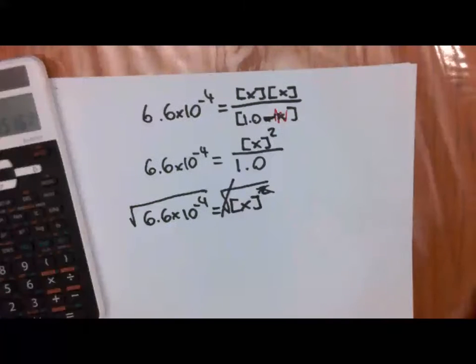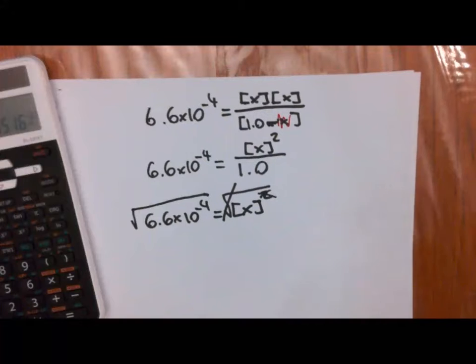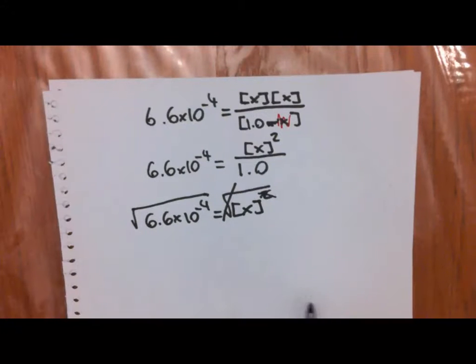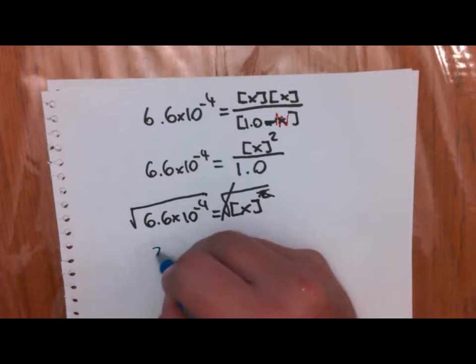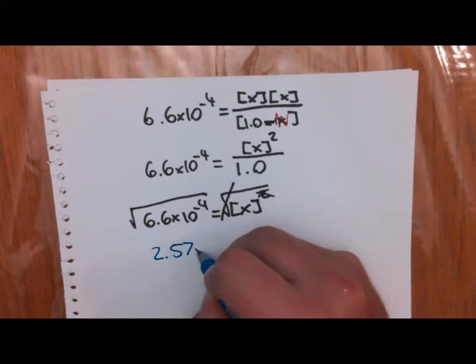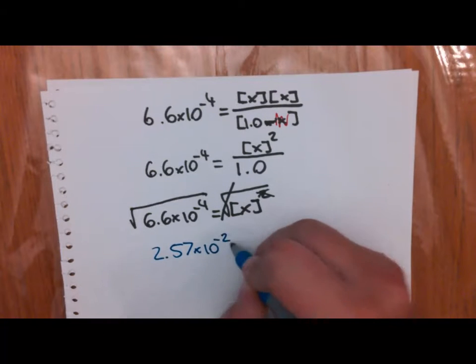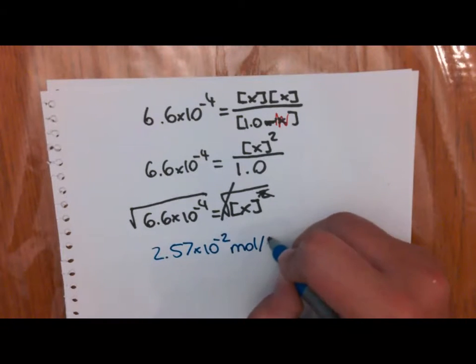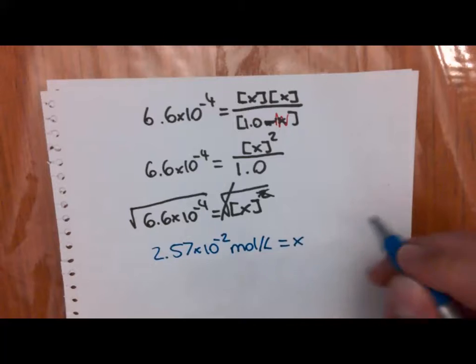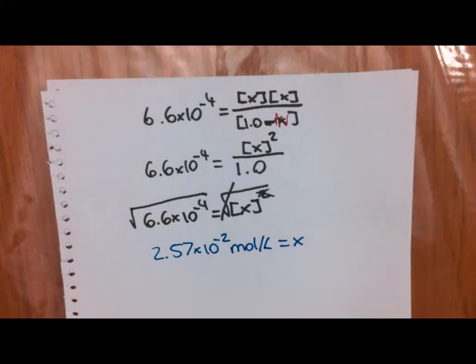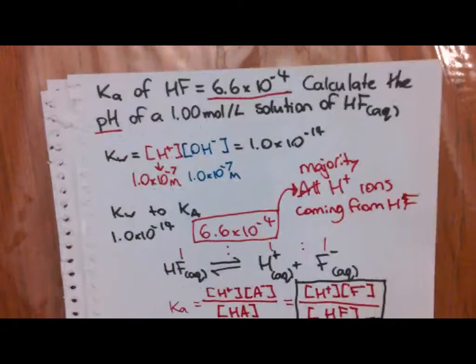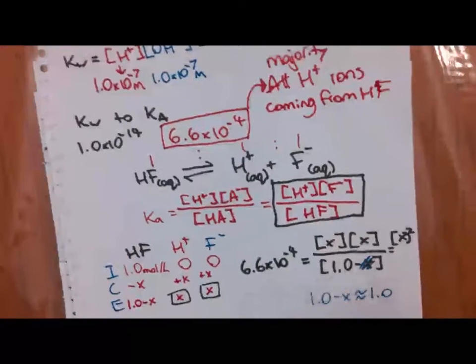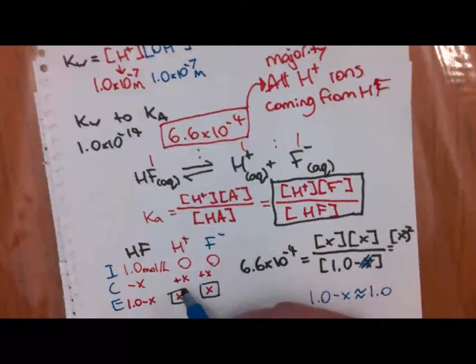So that is telling me that the change in concentration of both our F minus and our H plus ions is going to be 2.57 times 10 to the negative 2 moles per liter equals X. And if we go back to our ICE table, we see that X here is the change in concentration.